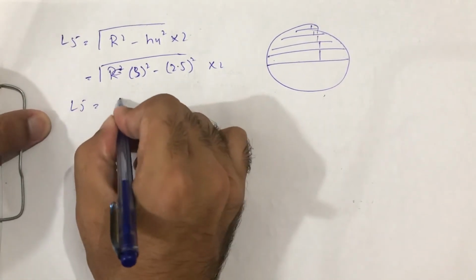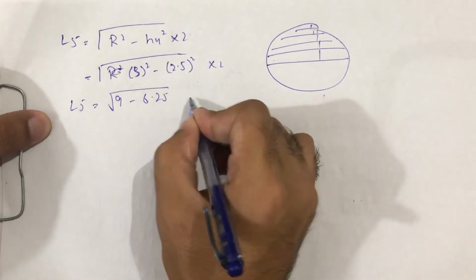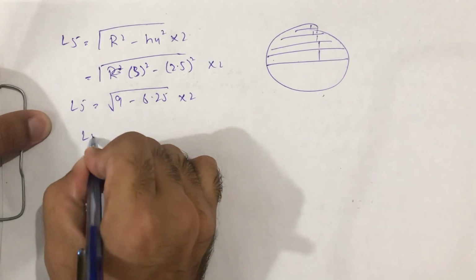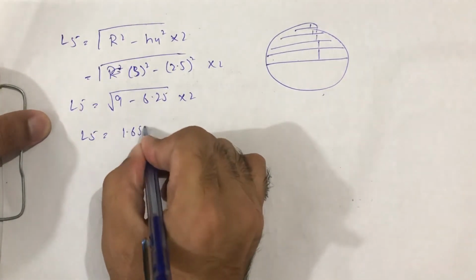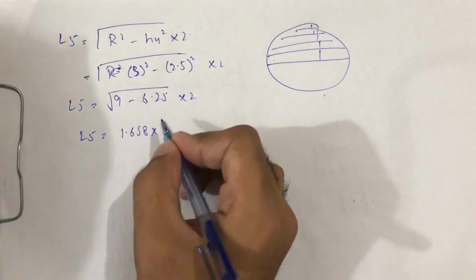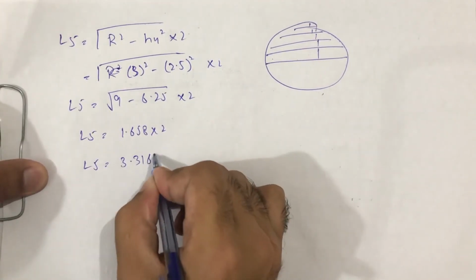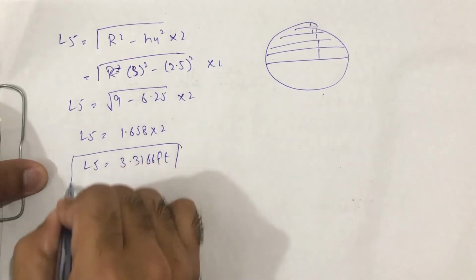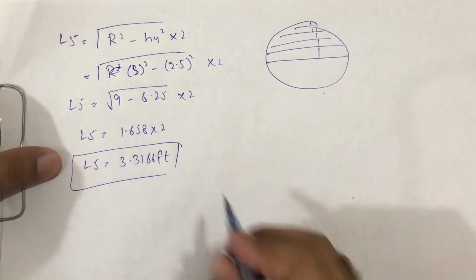L5 is equal to root of 9 minus 6.25, multiply by 2. So L5 is equal to 1.658 multiply by 2. So L5 is equal to 3.3166 foot. The length of L5, the last bar, will be 3.3166 foot.